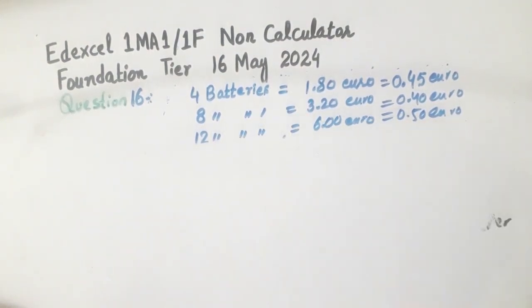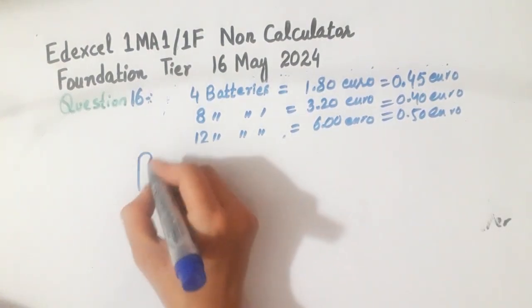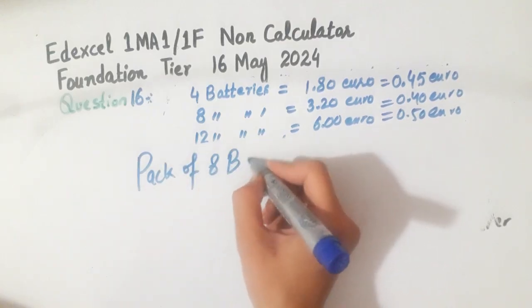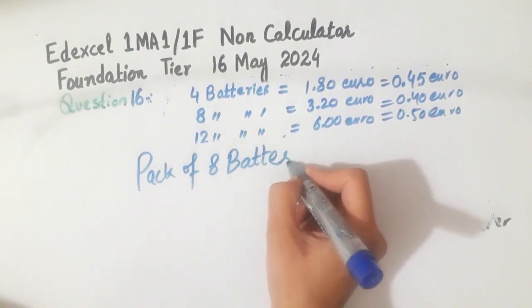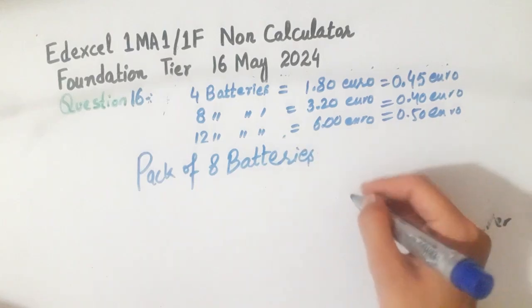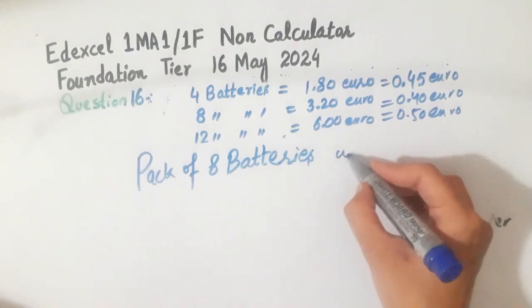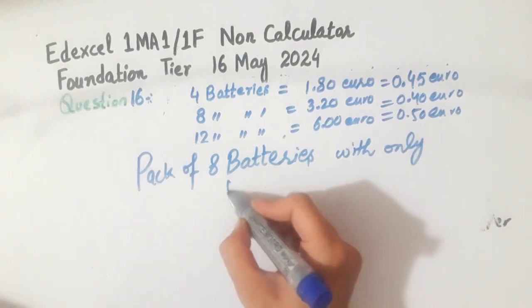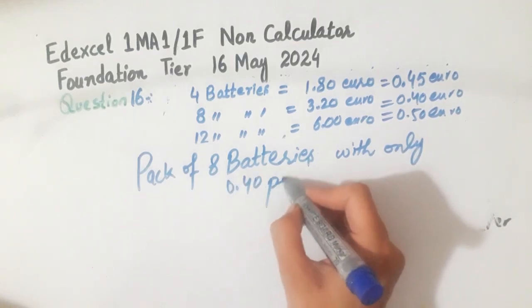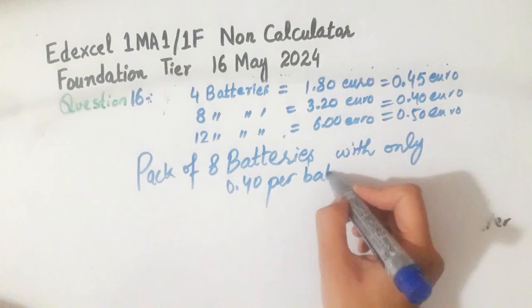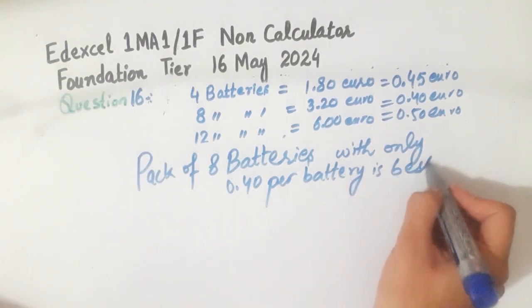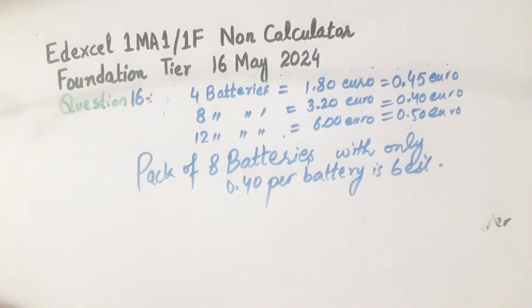So you will write in the solution that the pack of 8 batteries with only 0.40 per battery is best. Now we will solve question number 17.